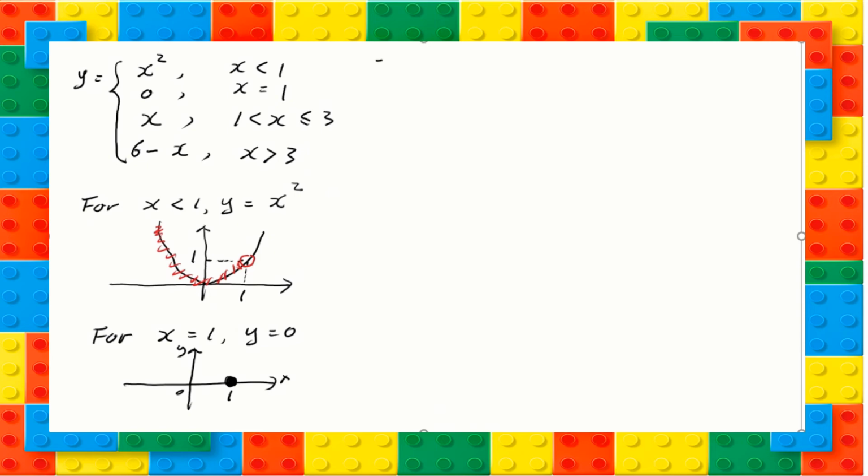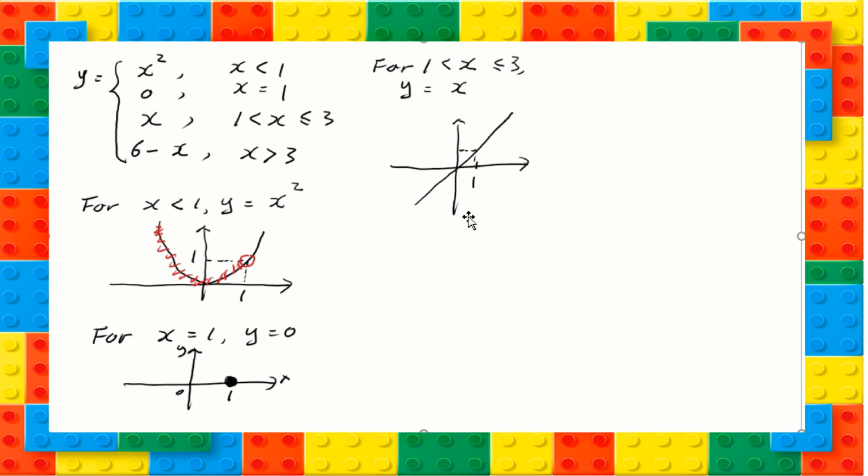Now for the third one, for x in between 1 up to 3. In this region, y is equal to x. So this is a linear straight line. So now we draw this straight line. The straight line is a linear straight line going up and goes through the origin.